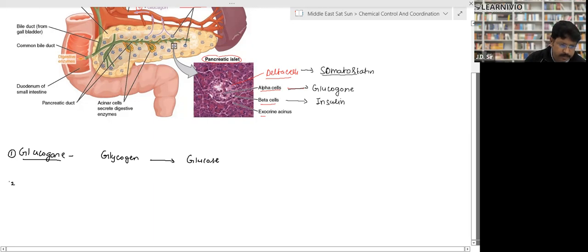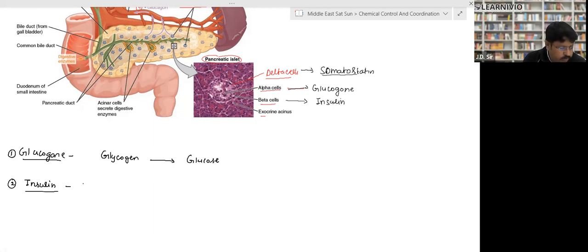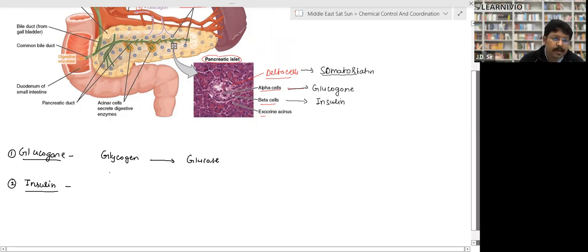Next, the second one is insulin. It controls the glucose in blood. It converts glucose into glycogen.